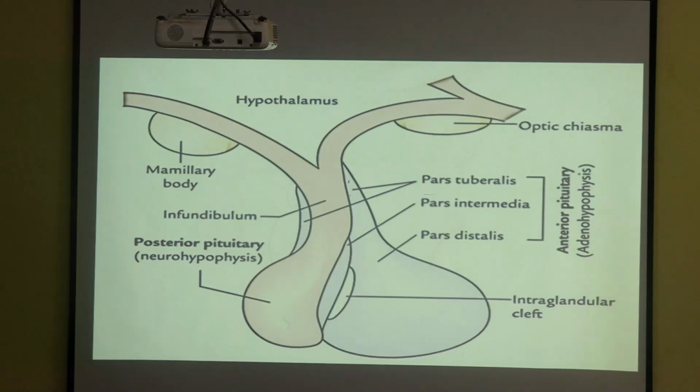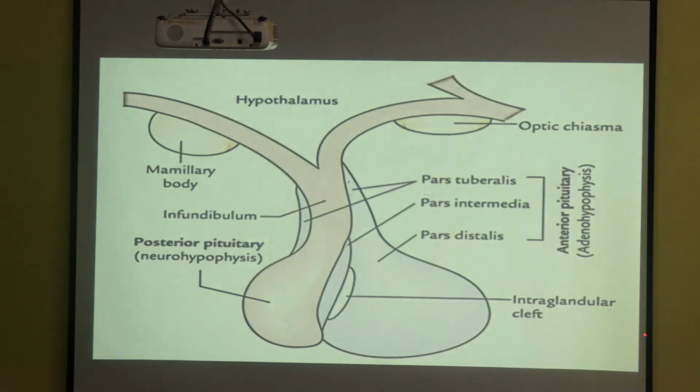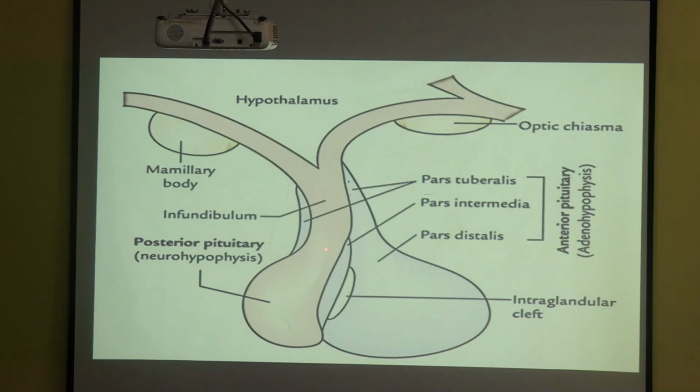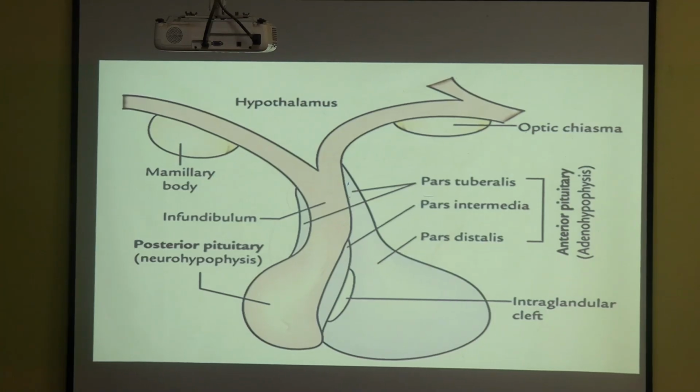The median cleft will later develop into the intraglandular cleft, formed between two different parts of the anterior lobe itself. During differentiation, the posterior wall becomes thin and later gives rise to the pars intermedia, which is present between the anterior and posterior lobes of the pituitary gland.